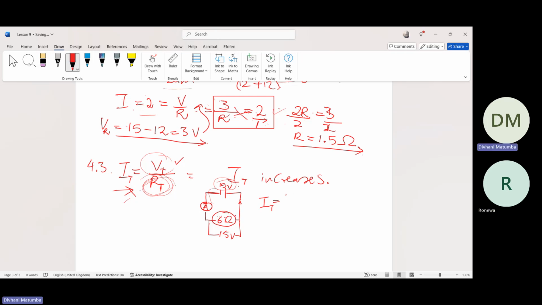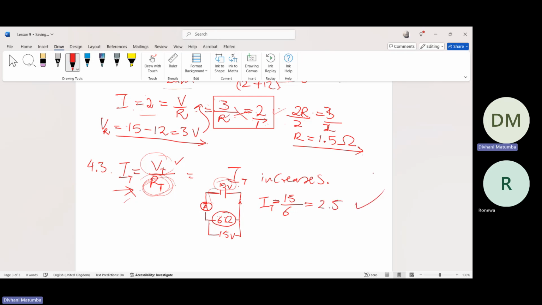So the total voltage will be 15, and the total resistance of the circuit is how much? 6 ohms. Okay, so 15 divided by 6? 2.5.